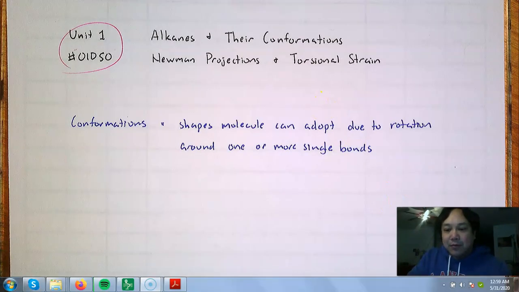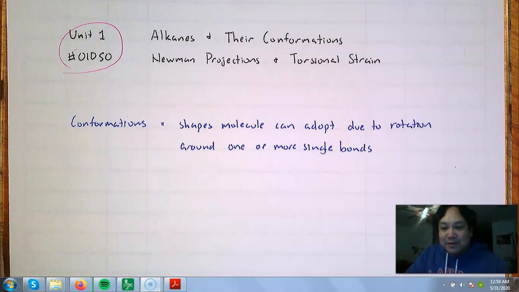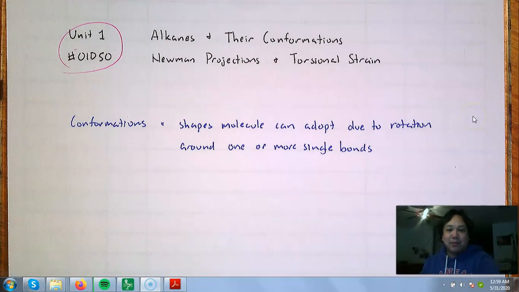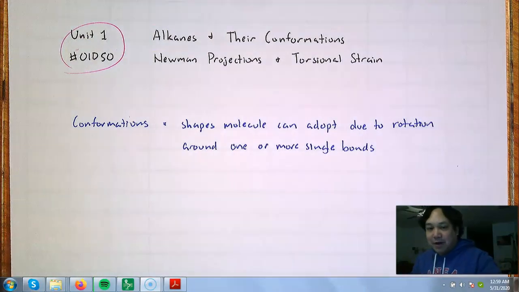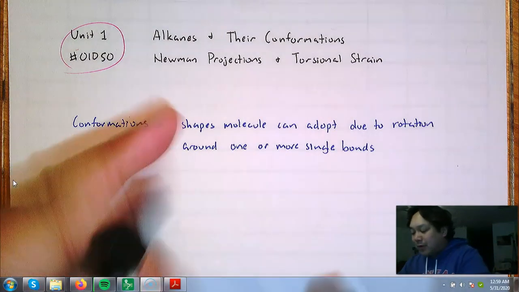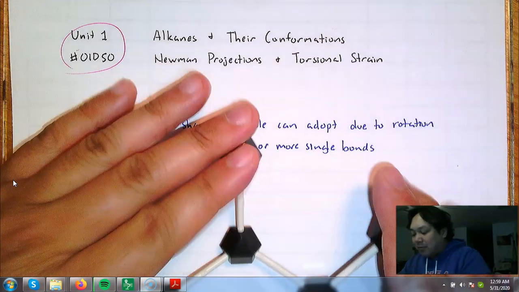Okay, it's important that we do these rotations along single bonds. We've been working with alkanes, so all the carbon-carbon bonds are single bonds.